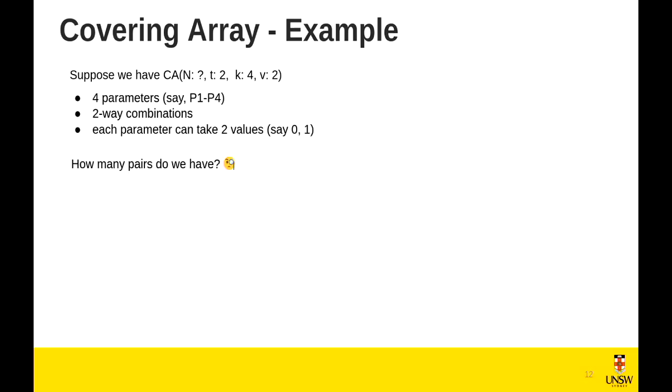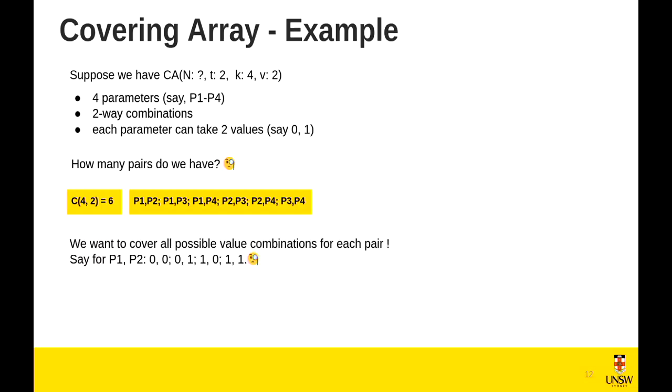So how many pairs do we have if we have 4 parameters? Yeah, that is 6. We can exhaustively write them down: P1, P2, P1, P3, P1, P4, P2, P3, P2, P4, and P3, P4. So we have 6 pairs here.